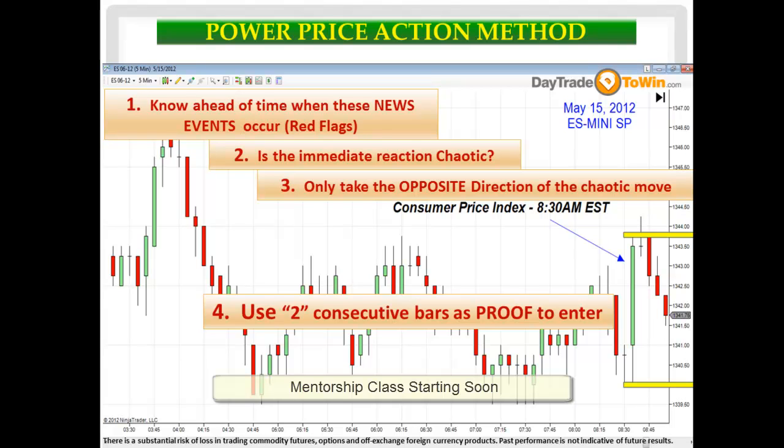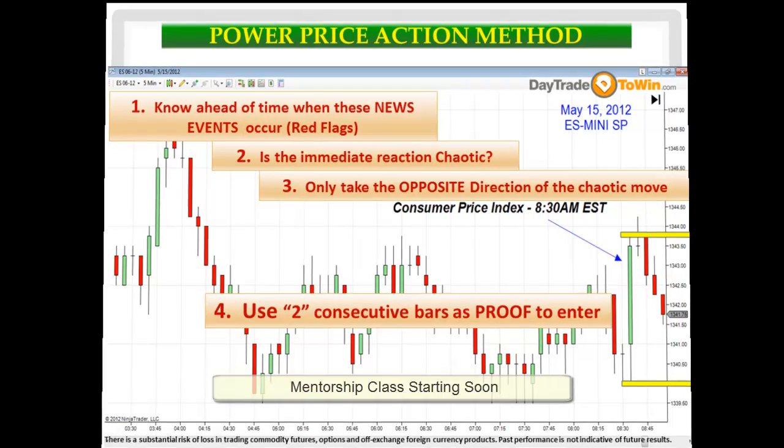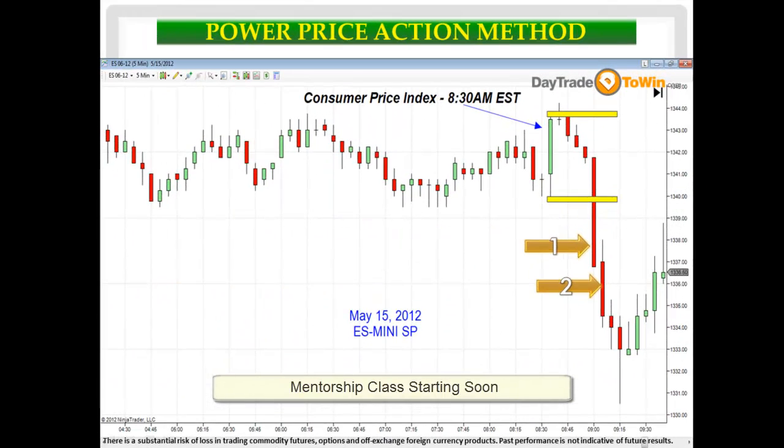So if you look at what occurred here, you have the chaotic news event, you have everybody buying, and then you have 1 closing below the low of that bullish candle, 2, I'm short, right?